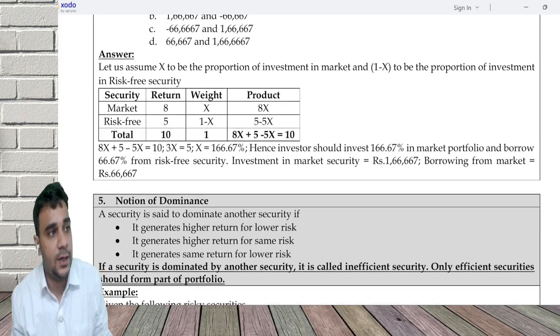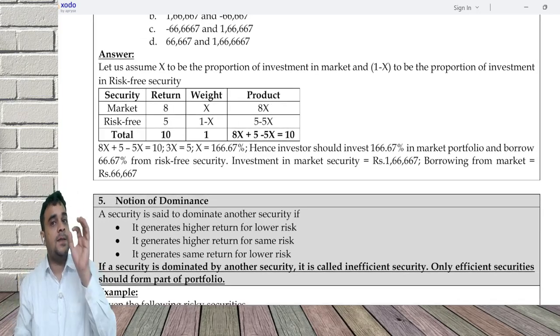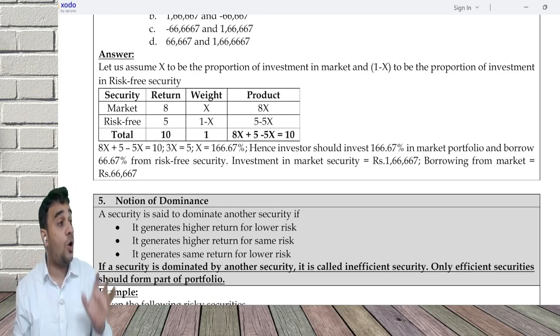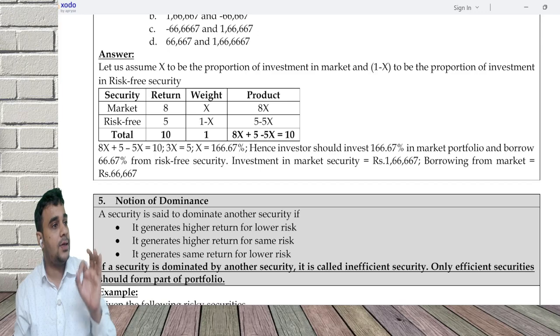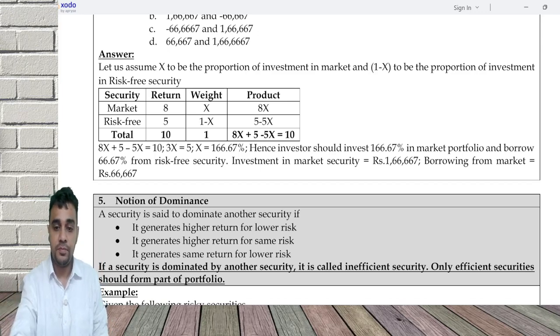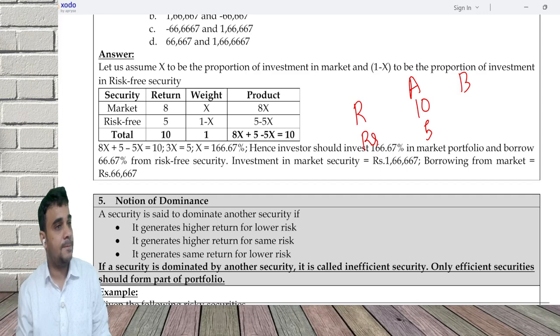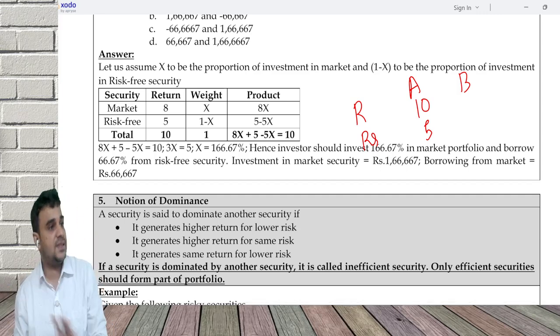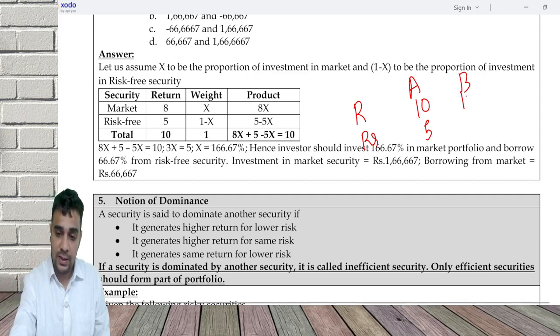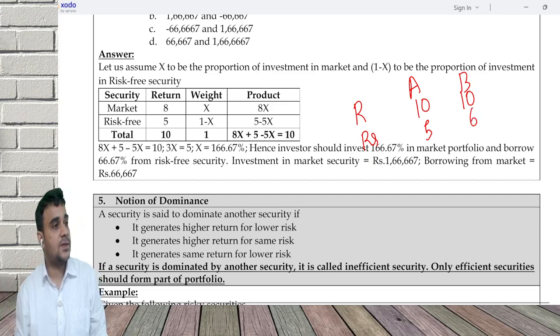Now, what are efficient and inefficient securities? A security is said to dominate another security. Say this is A, this is B. A has 10% return and 5% risk. This will dominate the other security with 10 but risk of 6.